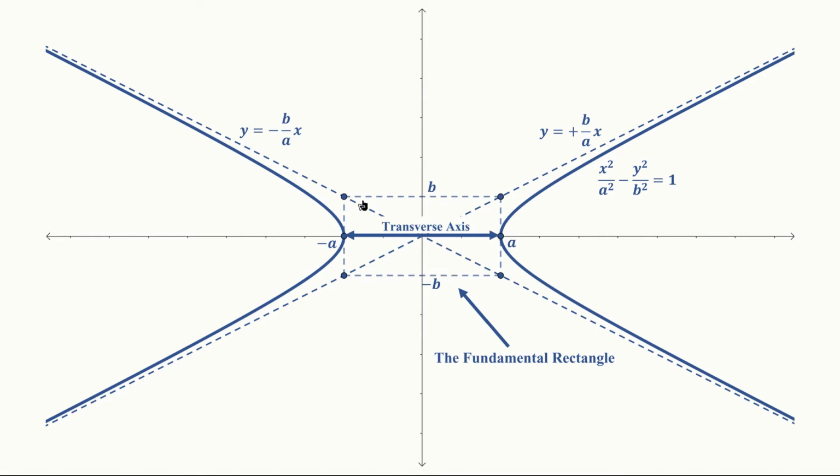Once we form the fundamental rectangle, we quickly draw our asymptotes, and we go ahead and draw our hyperbola. Very, very easy. As far as the equations of those asymptotes, one is y equals positive b over a x, the other is y equals negative b over a x.